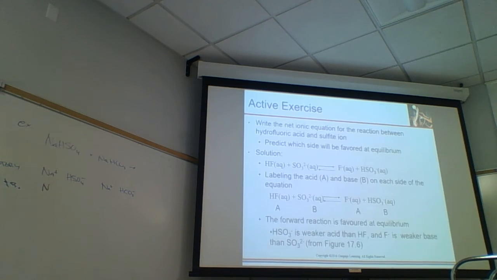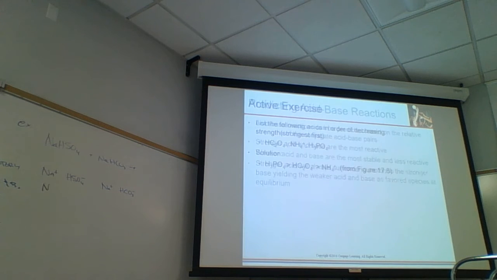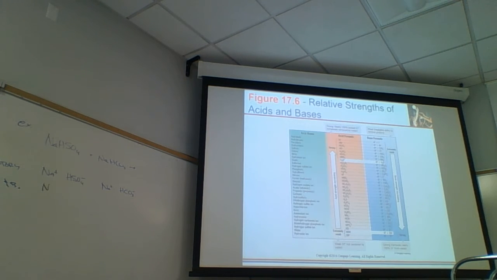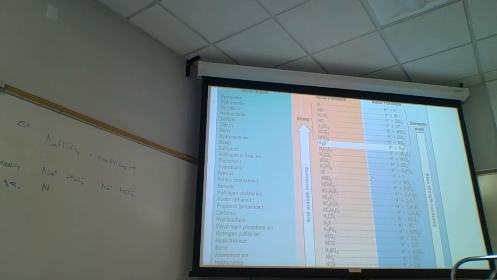When we go back to this chart, sodium ions aren't going to be on this chart. And so next, we look for bisulfate. You see it here? I see bisulfate here. It's on the left side, so that means bisulfate is an acid.